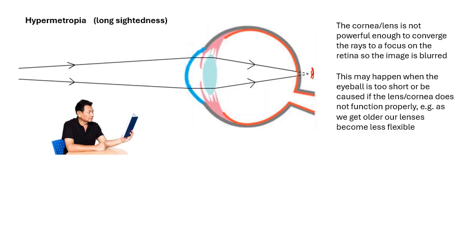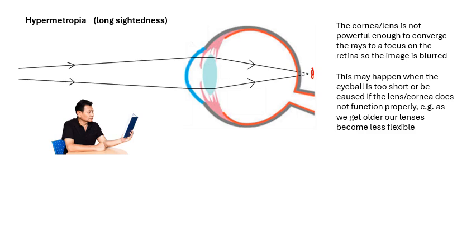This may happen when the eyeball is too short or caused by some problem with the lens and cornea not functioning properly. For example, as we get older, the lens becomes less flexible so that we don't accommodate as well. That certainly happened to me.